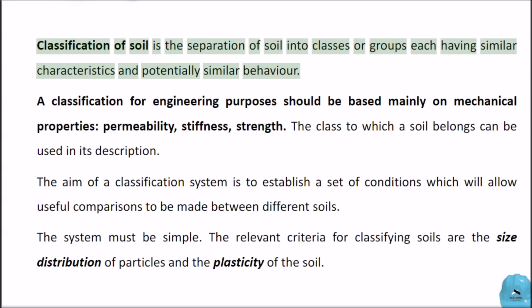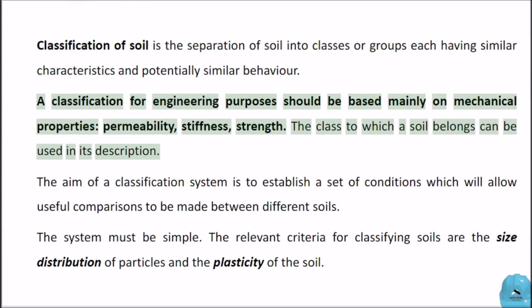Classification of soil is the separation of soil into classes or groups, each having similar characteristics and potentially similar behavior. A classification for engineering purposes should be based mainly on mechanical properties: permeability, stiffness, strength. The class to which a soil belongs can be used in its description.